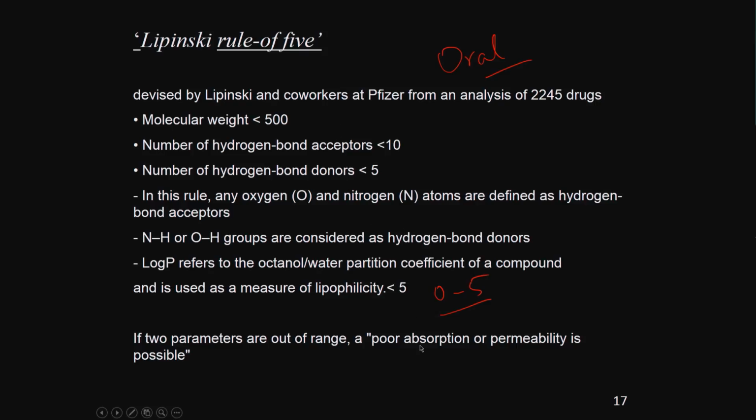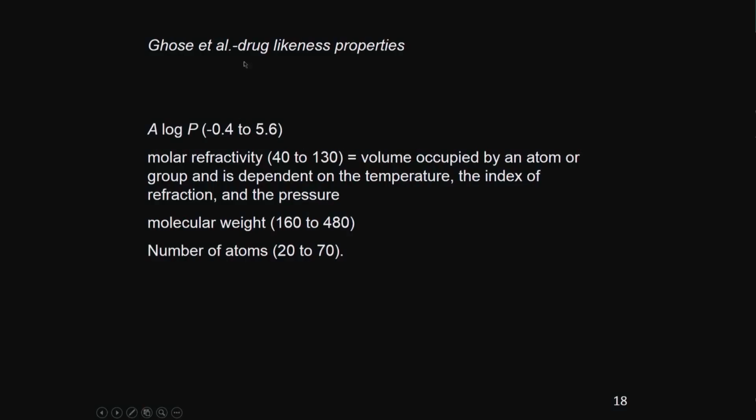If one of the parameters is bad, chances are it may have reasonably good GI absorption, but if 2 are bad, no. So that is the rule. Molecular weight less than 500, hydrogen bond acceptors less than 10, hydrogen bond donors less than 5, log P less than 5, that is 0 to 5. This is called Lipinski's rule of 5. Similarly, there are many rules, as I said, and we are going to look at some of them. We have another rule called Ghose et al.